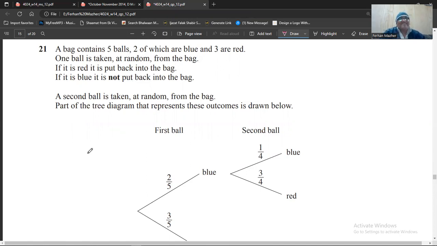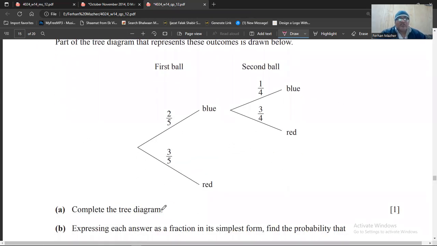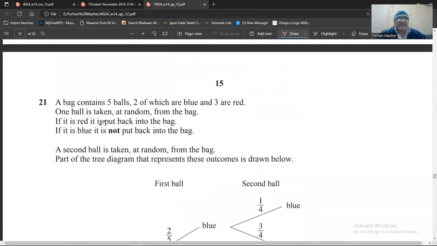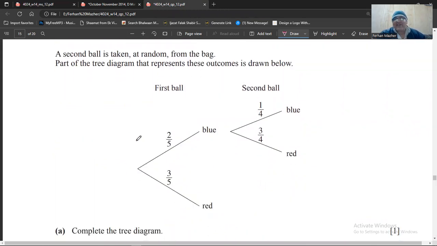A second ball is taken at random from the bag. Part of the tree diagram that represents these outcomes has been drawn. So when a red ball comes, they put it back.